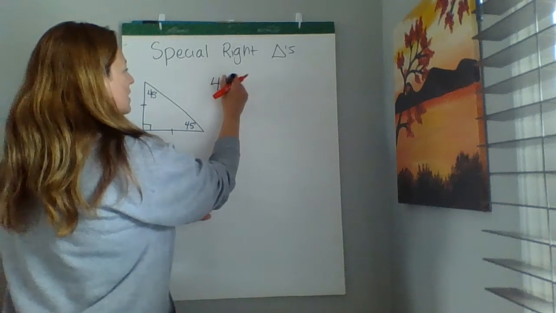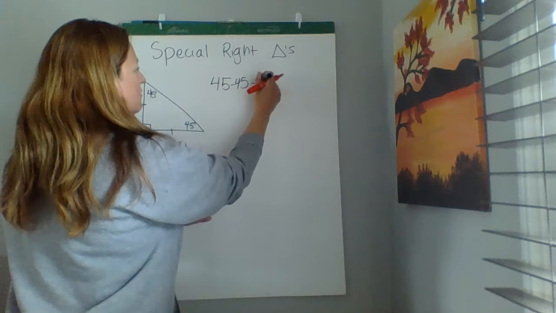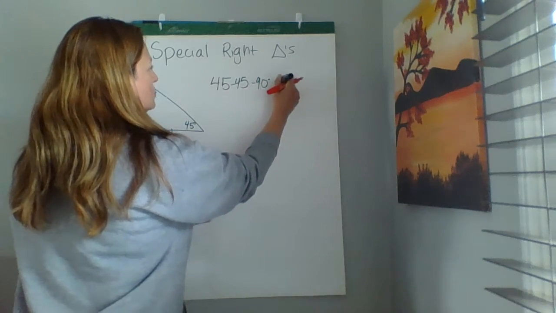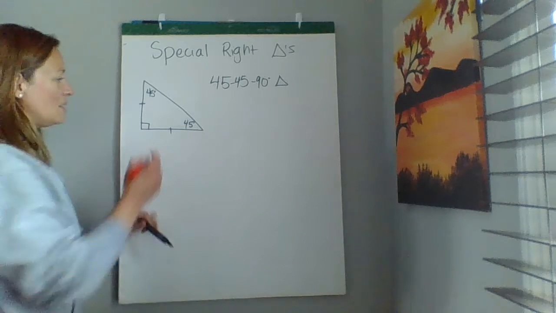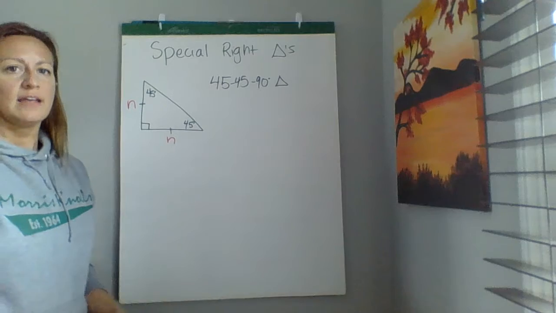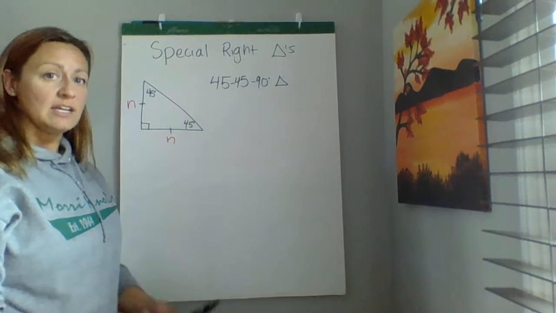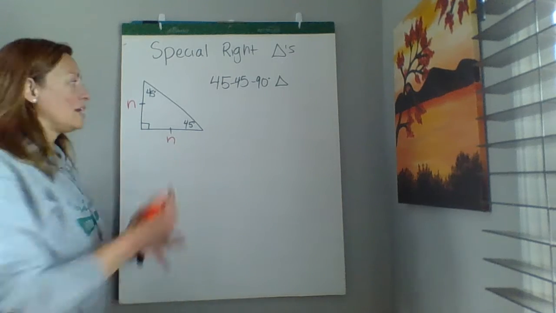This is the 45, 45, 90 triangle, then the sides have a special relationship. We would call both of the legs n, and then to find the hypotenuse, it would just be the length of the leg times radical 2.